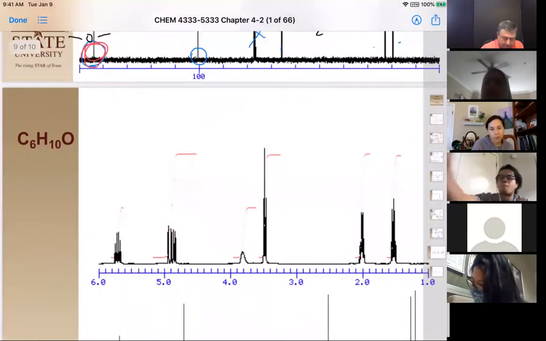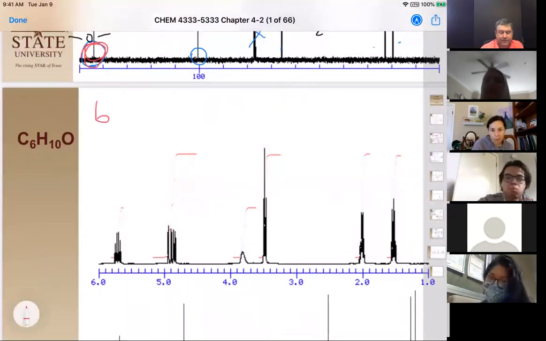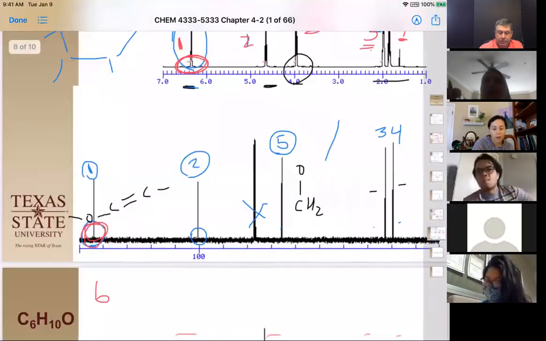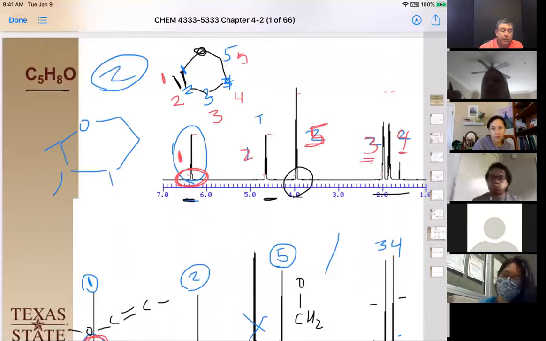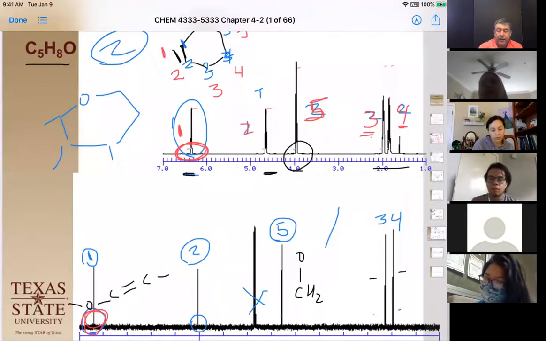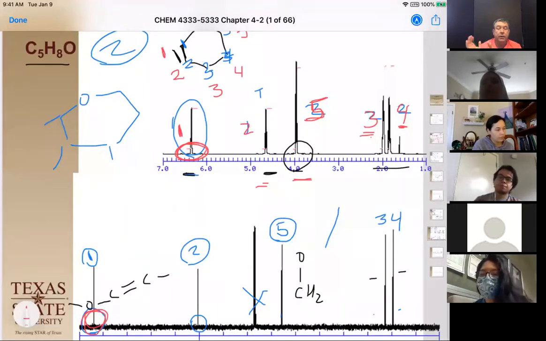C6H10. Sorry, can you just explain the point where you find that it's a heterocyclic compound? Well, we have a hydrogen deficiency of 2. Yes. We have symmetry, and based on these peaks here, it looks like we had 2 different hydrogens next to where an oxygen was bonded.